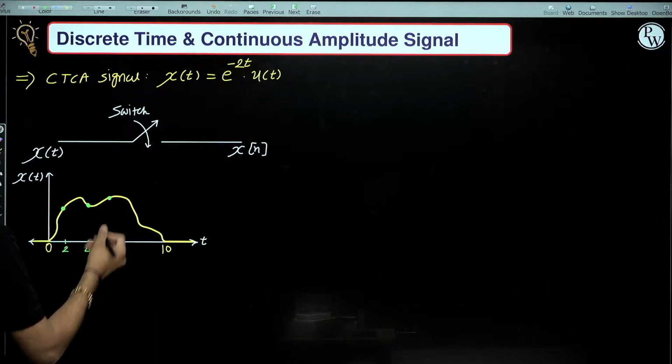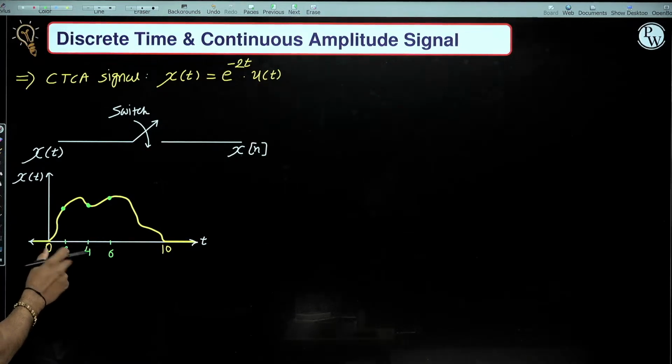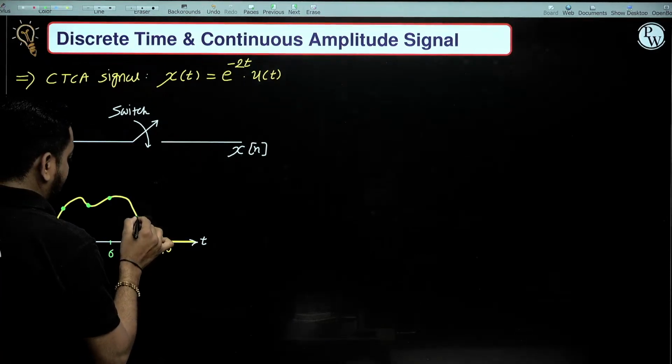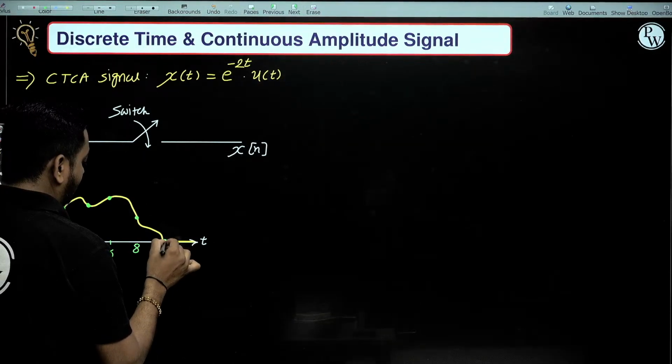The sampling period is 2 seconds, guys. The sampling period is the duration between two samples, like the duration between turning on the light and turning off the light. This sampling period is fixed and cannot vary. The next sample is at t equal to 8 seconds, and the last sample is at t equal to 10.